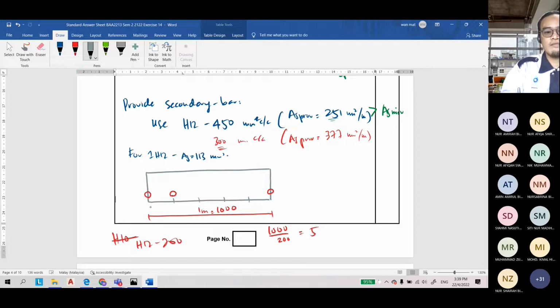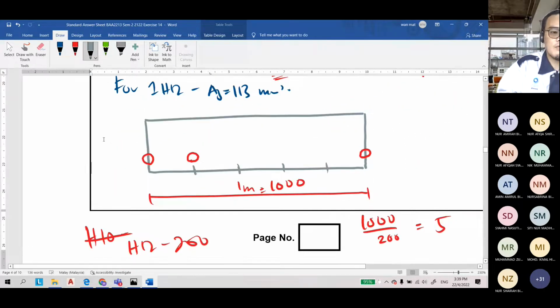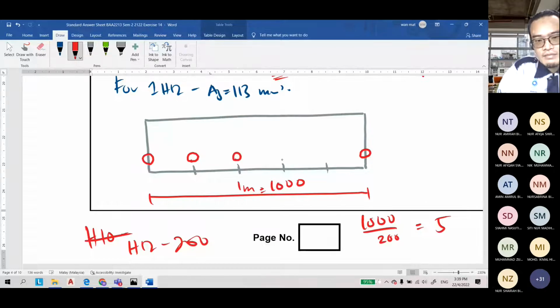I hope you can see on your screen. The diameter is here, and this is another bar, another bar. They are arranged at every 200 mm. So the question is how many bars do I have?